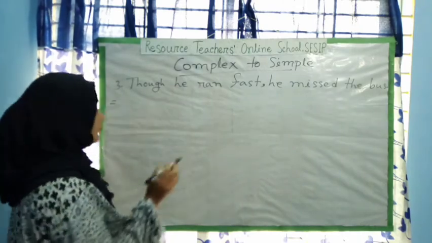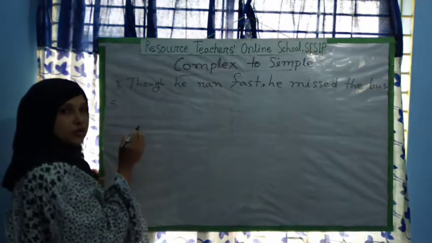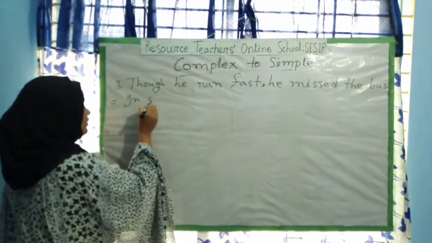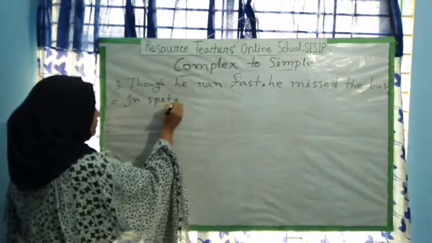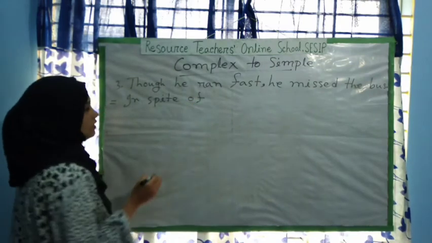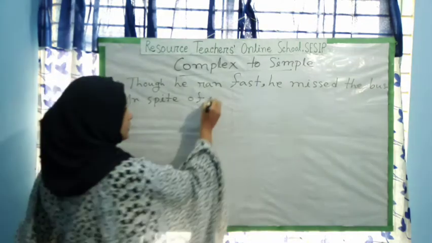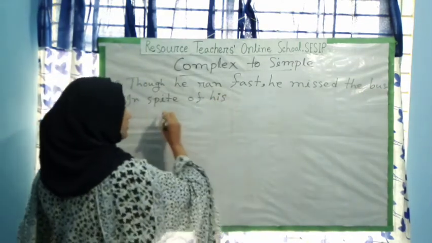In the same way, though, instead of though, what can I write? Yes, in spite of. Then, instead of he, what can I write? Yes, his. Possessive form, his.